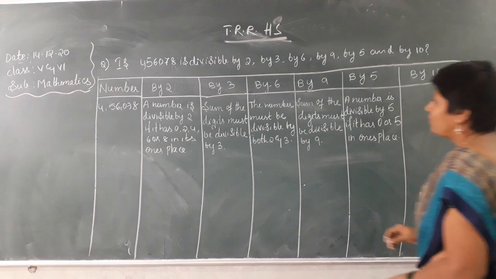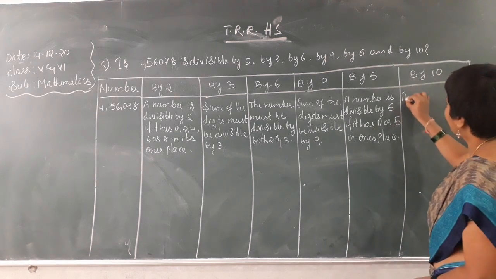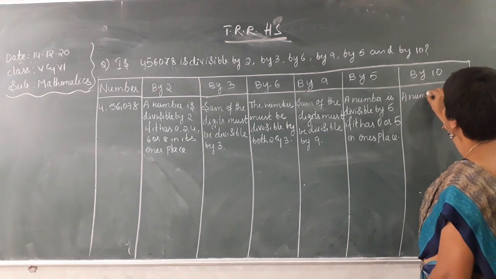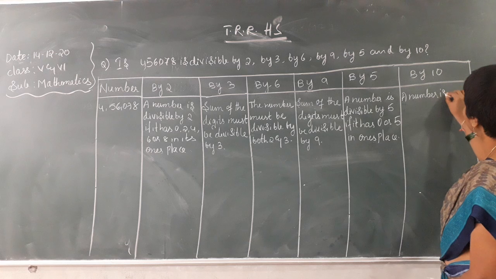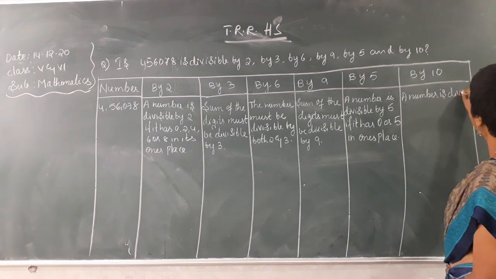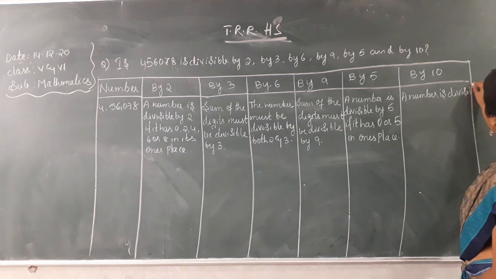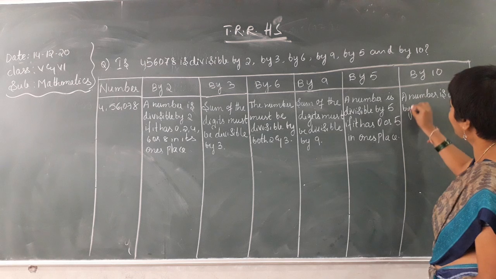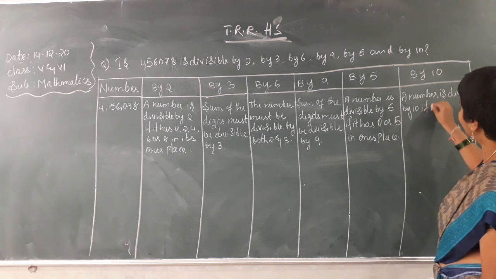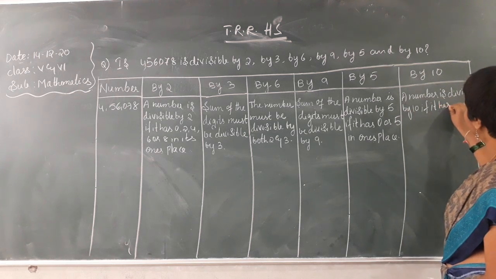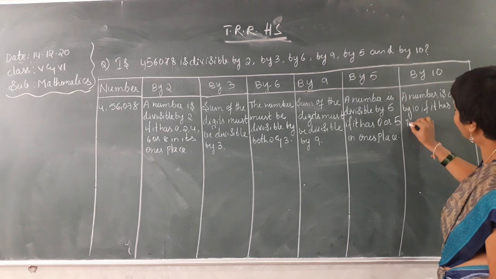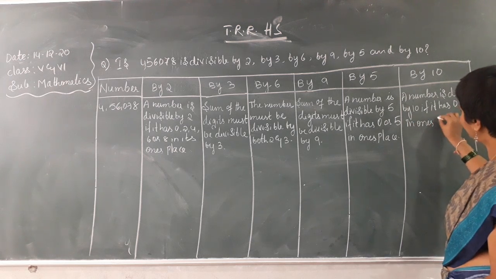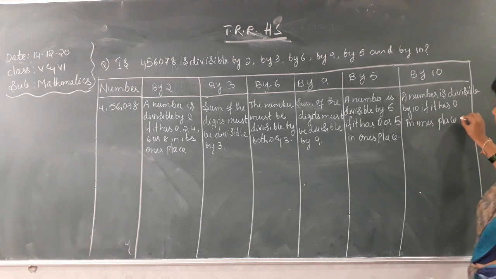And what about the rule of 10? A number is divisible by 10 if it has 0 in its ones place.